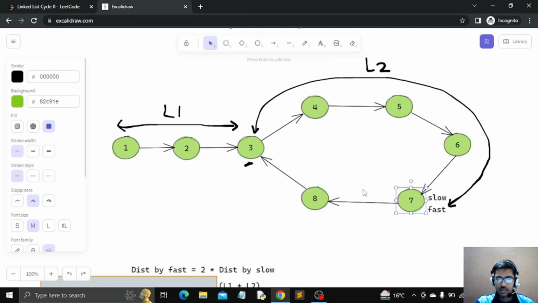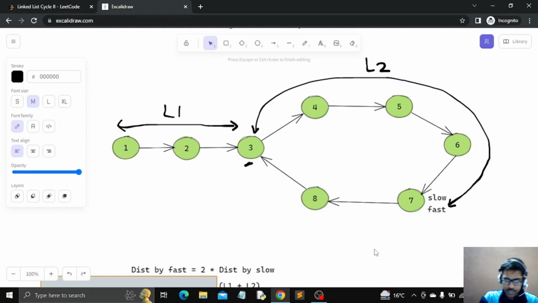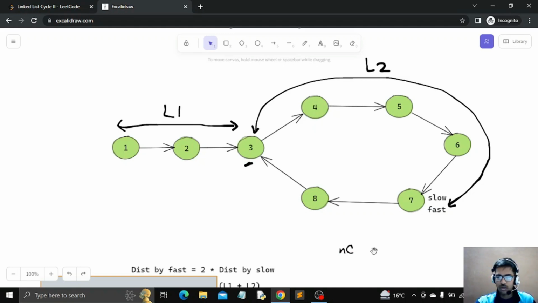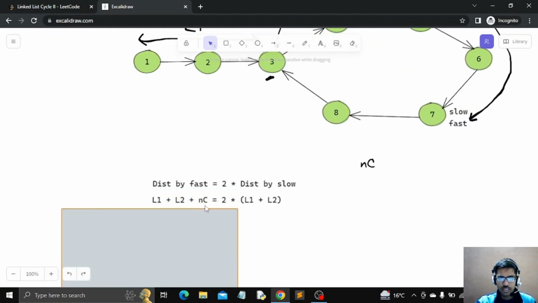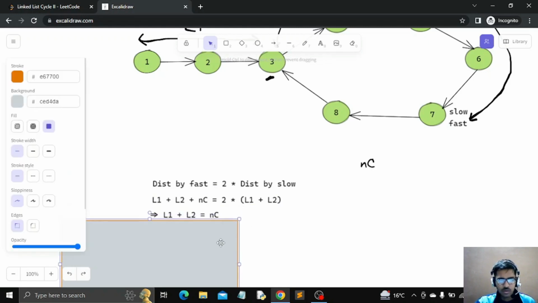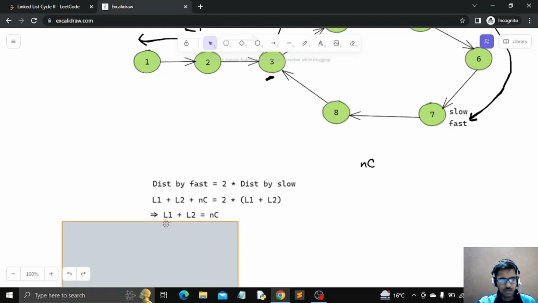So let us say that it takes n rounds in the cycle and the length of the cycle is c. So the distance covered by the fast pointer will be L1 plus L2 plus nc. So it will cover at least the distance covered by the slow pointer plus some rounds in the cycle, and the length of the cycle is c. So we got this expression. Now if we simplify it, we get L1 plus L2 equals nc. Okay, I hope this much was clear.